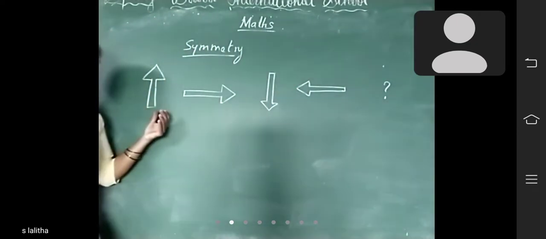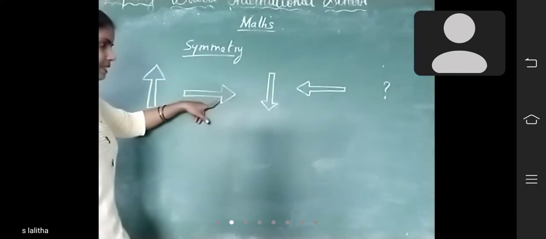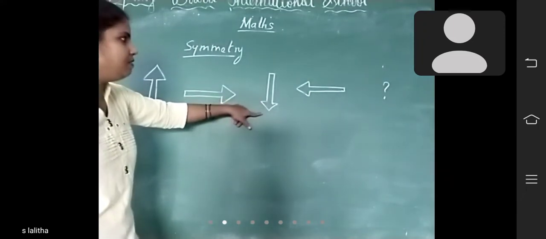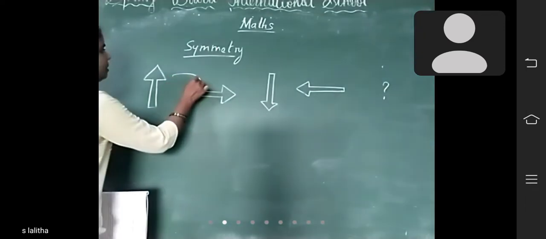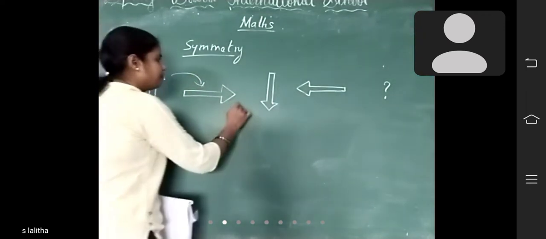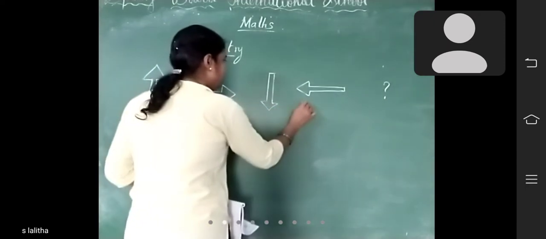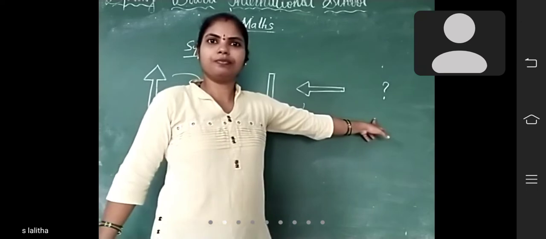This is the original position. It will turn to the right side like this. Next it will turn like this, and like this. Now it will turn to this shape. Now it will look down in this shape. Now what is the next position?